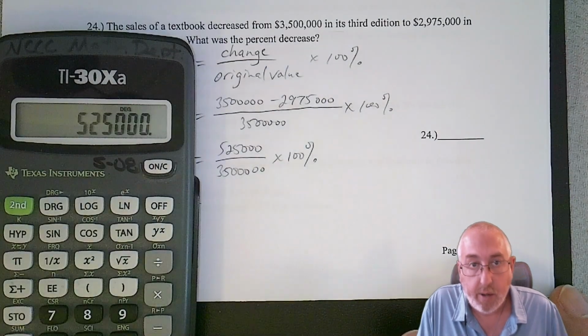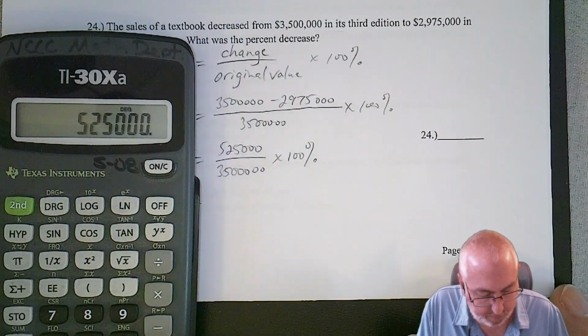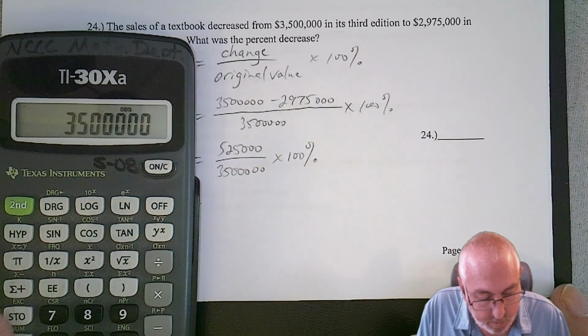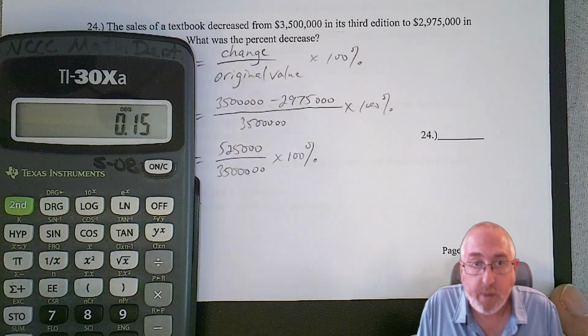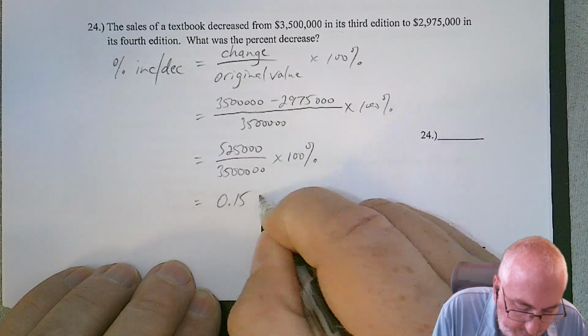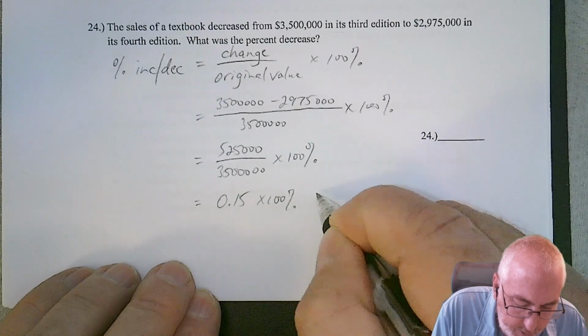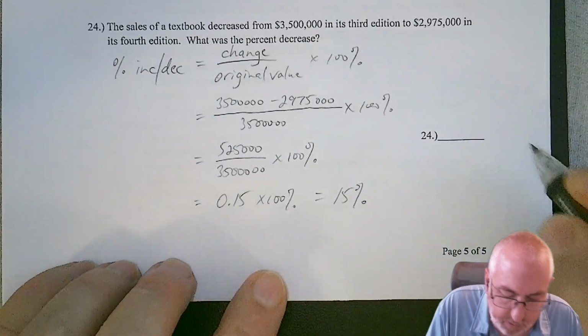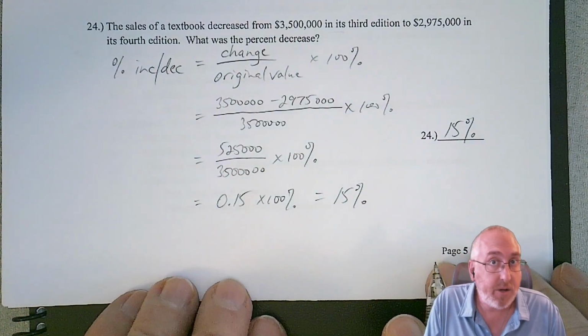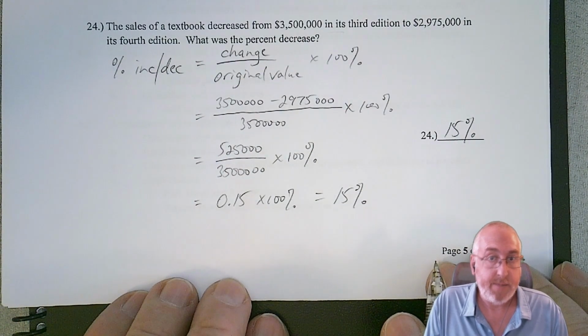So still got it in my calculator, so now I'm just going to divide by the 3.5 million. And I get 0.15. So 0.15 times 100 better be 15%. So it's a 15% decrease in sales.